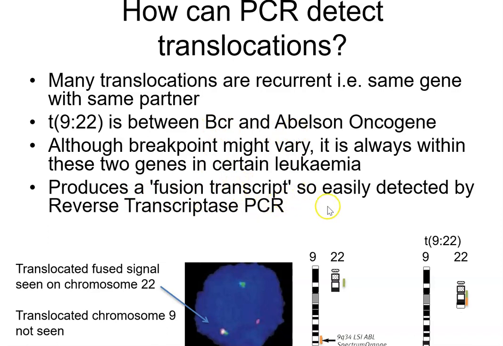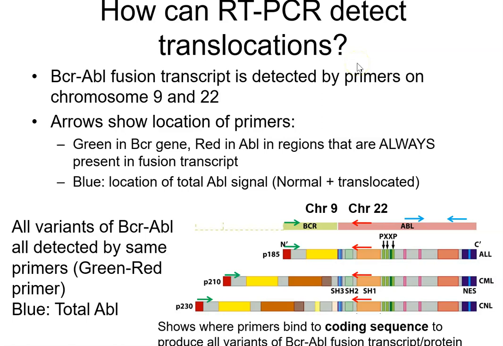That means if we've got a fusion transcript, we can have one PCR primer in one gene, one PCR primer in the other gene or coding sequence, and perform PCR effectively across the translocation, but really only across one mRNA. And that allows us to detect the BCR-ABL fusion transcript by RT-PCR. So let's look at how we can use RT-PCR to detect translocations.